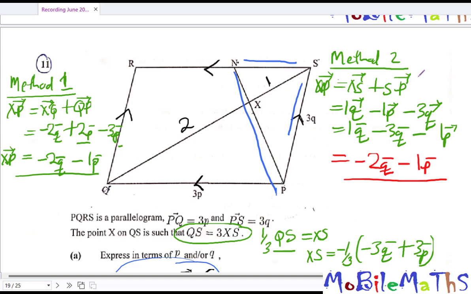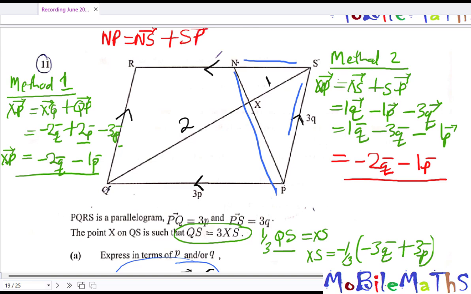Let me just write it up here. So I can say my NP is basically equal to NS. Remember, we calculated our NS there, we had the value for NS. Then plus SP.